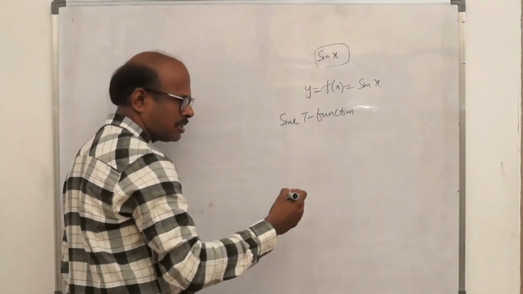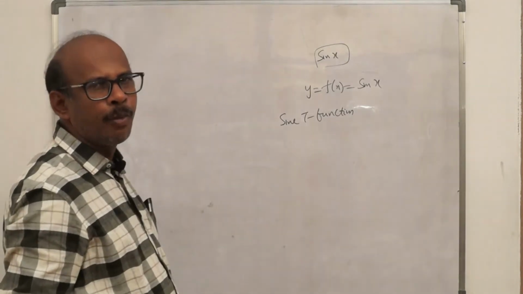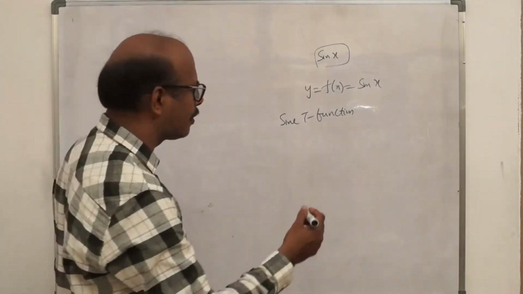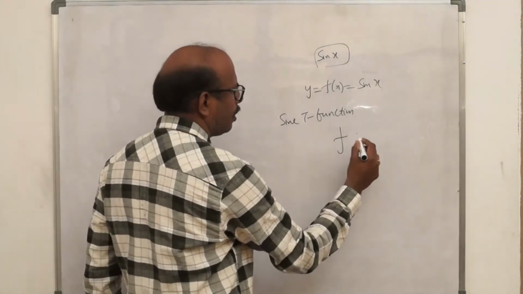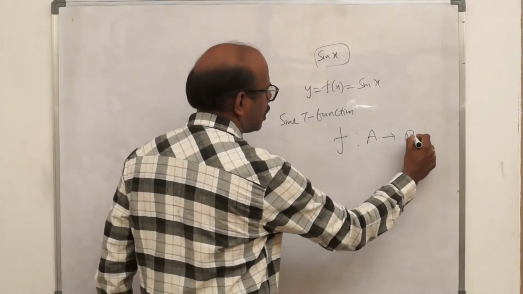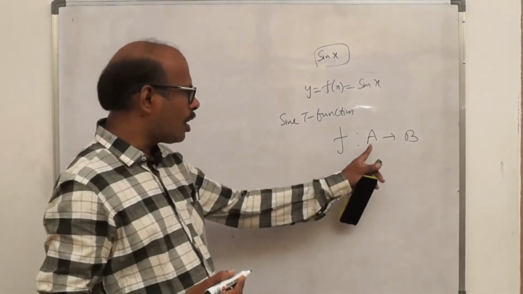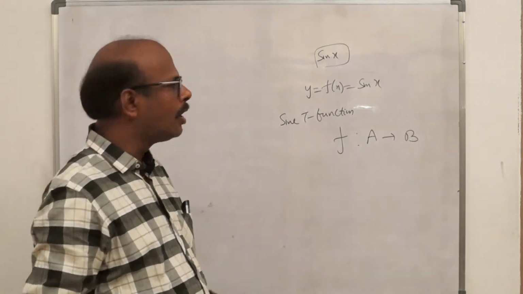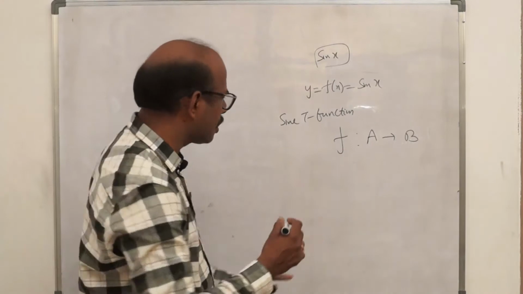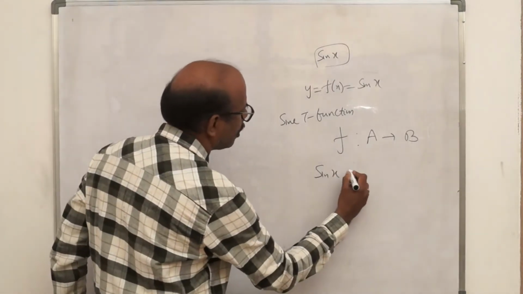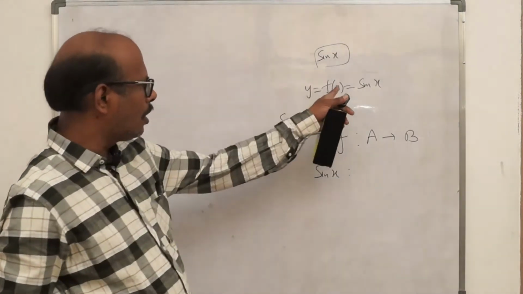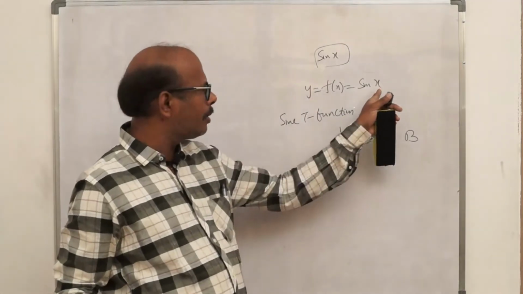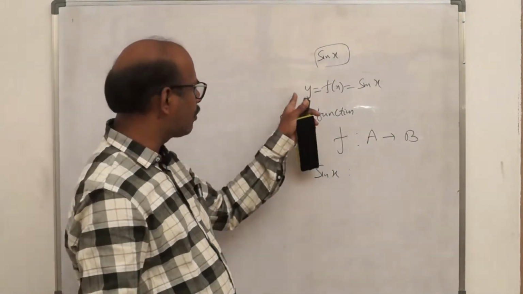Function means a mapping from an input set to an output set; it is a relation between two non-empty sets such that for each x in A there exists a unique y in B. Here y is the dependent variable and x the independent variable. By giving x values we get y values.